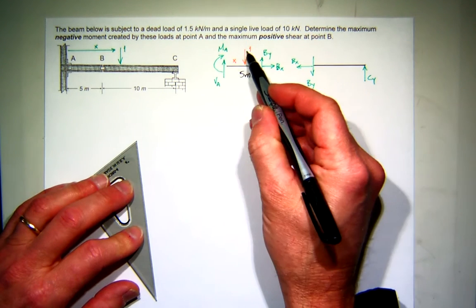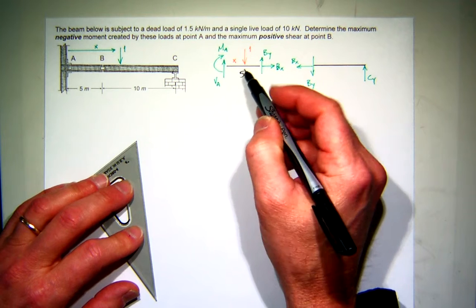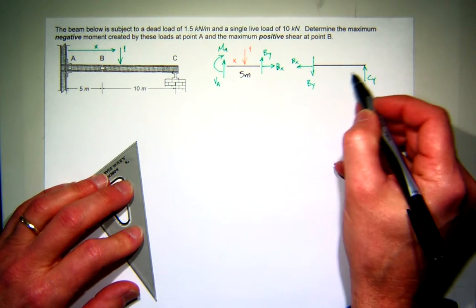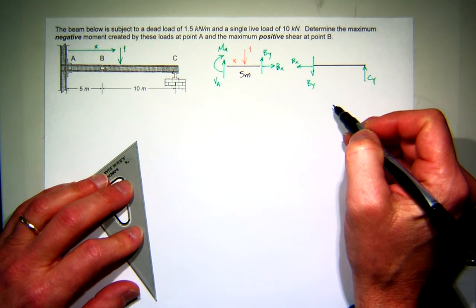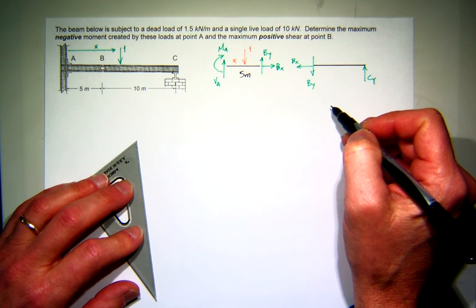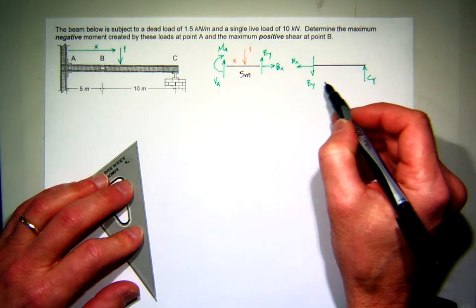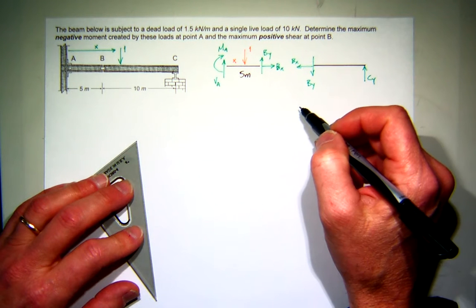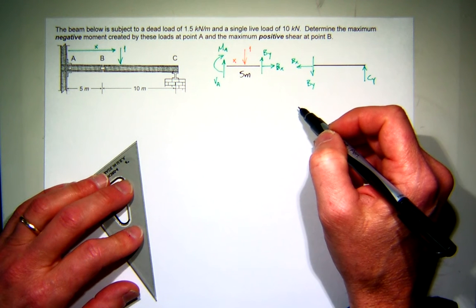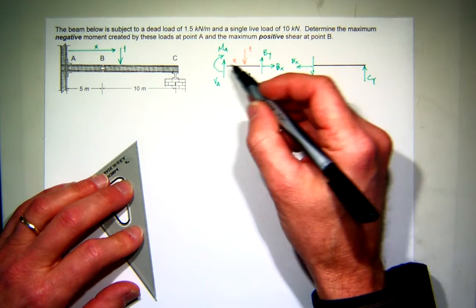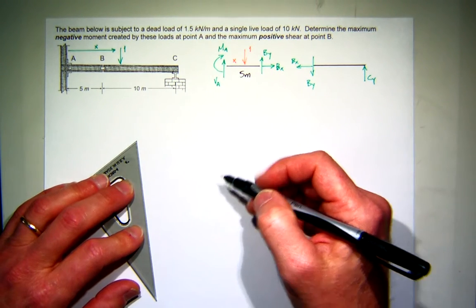Since the only loading on the structure is this unit load, and it's only between 0 and 5, then what's happening on the right-hand side? Nothing. No load, no reactions. So Cy, By, and Bx are 0. So I transfer those values to here, then I can solve for the moment very quickly.